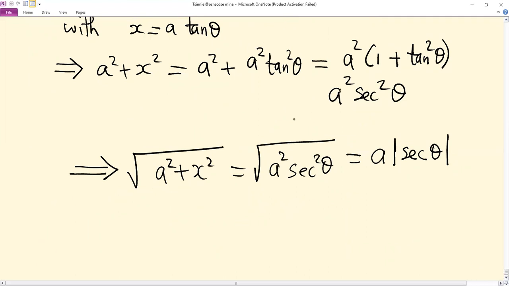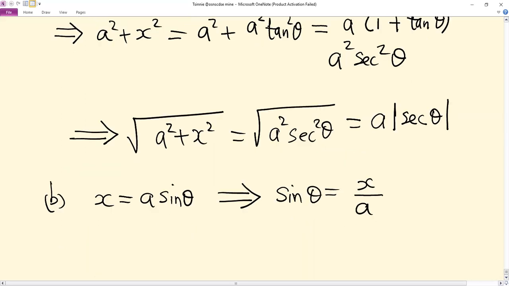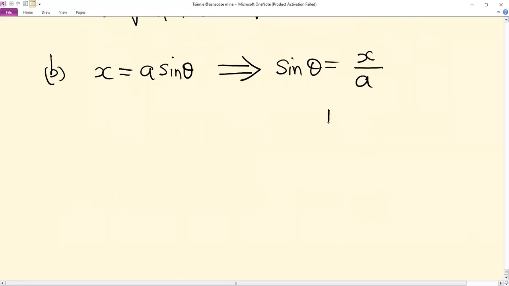Then case 2, when we say x equals a sine theta, which is the same as saying sine theta is x over a, and then we draw a right angled triangle.